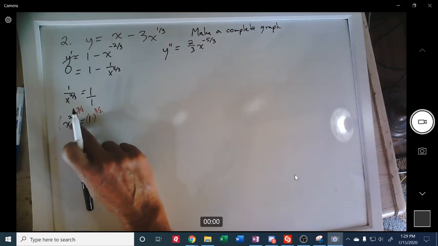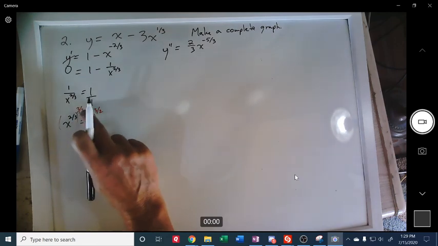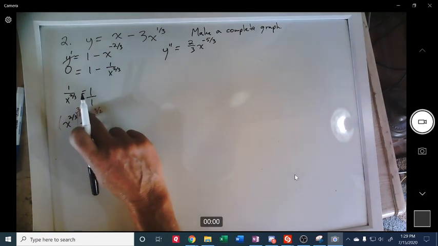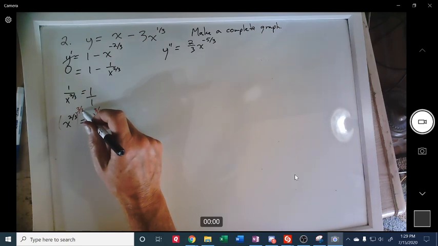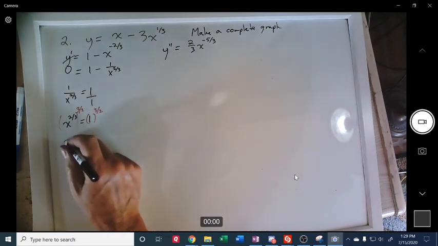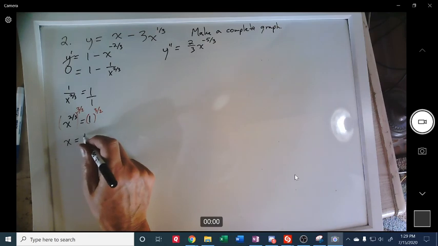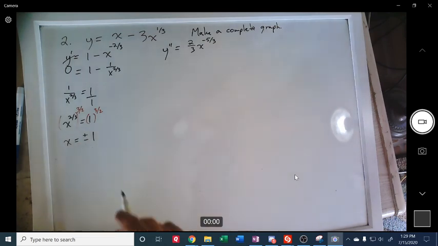Now that bottom number is really a cube root, and when I raise to the 3/2, that bottom number there is now a square root. When you square root both sides, insert plus or minus.